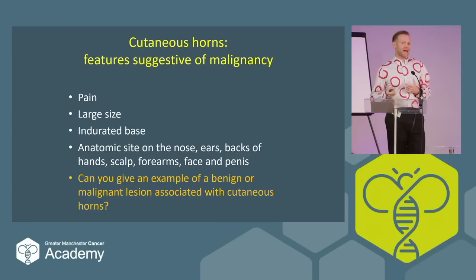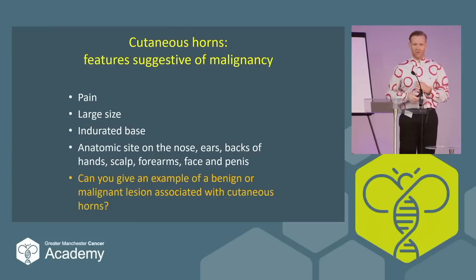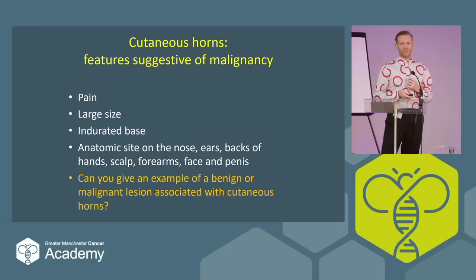Do you know of any benign lesions or malignant lesions where you get cutaneous horns? Let's go with benign first. Anybody know? Seborrheic keratosis, yeah, sometimes. Warts, yeah. Keratoacanthoma. Yeah, KA always comes up.